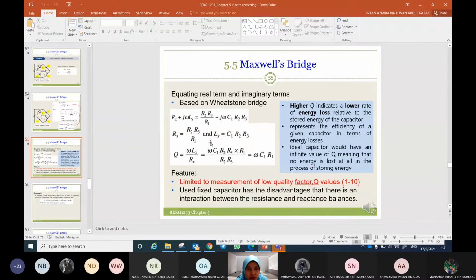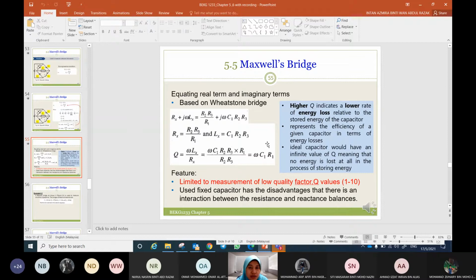Even though finally we get the final formula for Maxwell bridge, which is Rs and Lx, we never actually use this formula to find Rs and Ls. Meaning that in your final exam you should derive from the beginning.